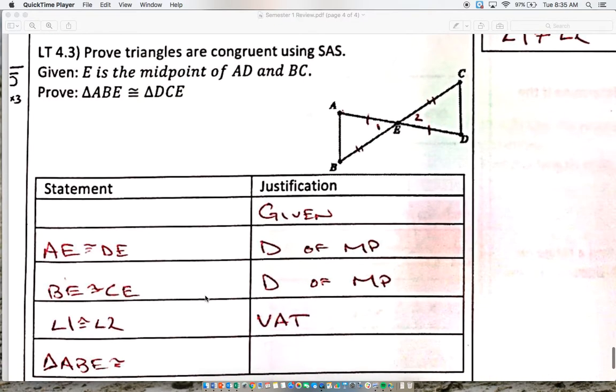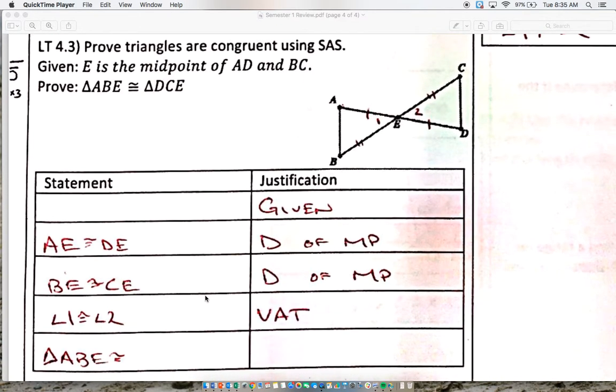Okay, more triangle congruency proofs. Here it says that E is the midpoint of both AD and BC. Well, I guess first of all, that means AE has got to be congruent to DE by definition of midpoint. Similarly, BE and CE have to be congruent by the definition of midpoint.